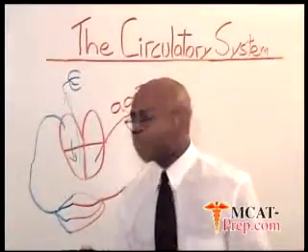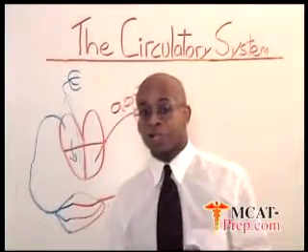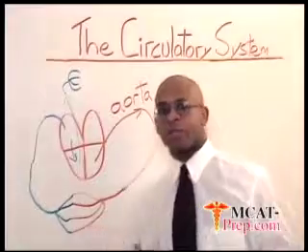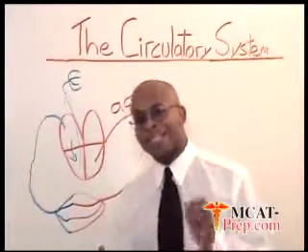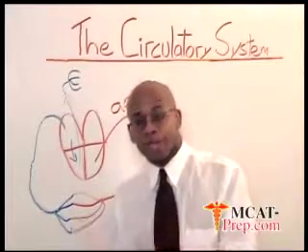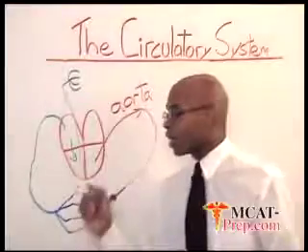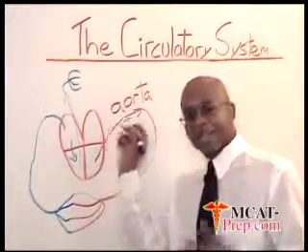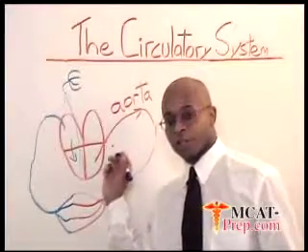Now notice, this blood coming from the right ventricle was deoxygenated. It lost oxygen in the capillary beds in the body system. So you cannot say that all arteries carry oxygenated blood. It would not be true. Blood going into the body system is oxygenated in an artery.